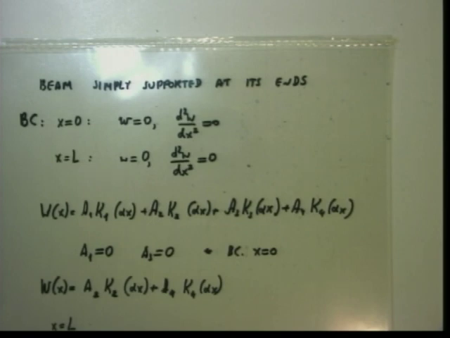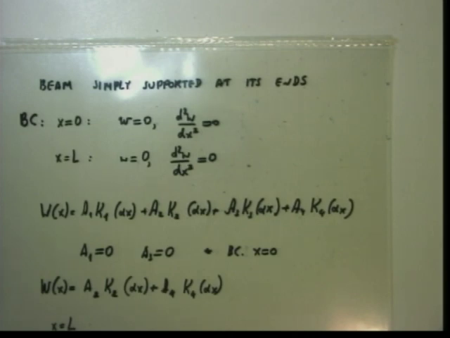Now I write the solution, W of x equals A1 k1 plus A2 k2 plus A3 k3 plus A4 k4 of alpha x. Now please write down W of 0 equals 0 here.